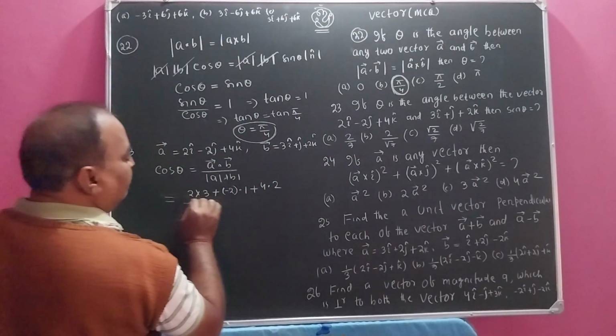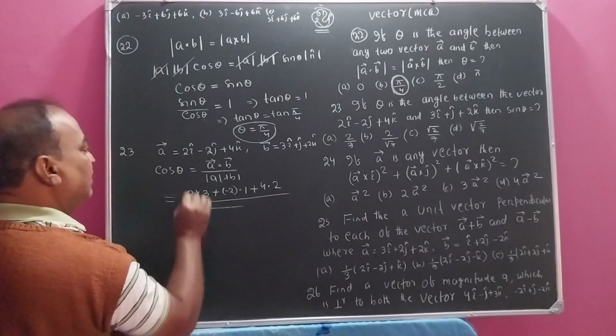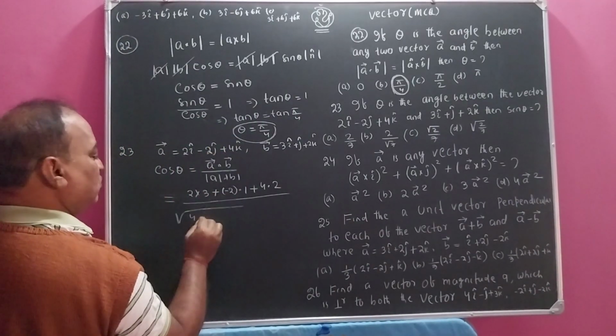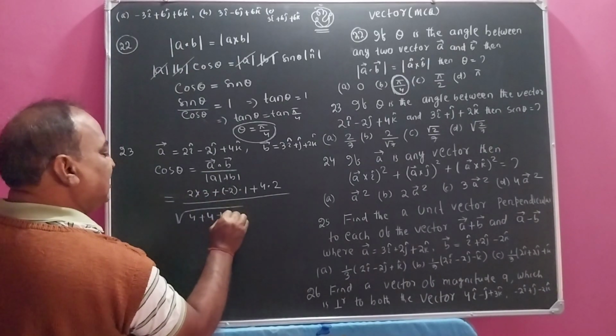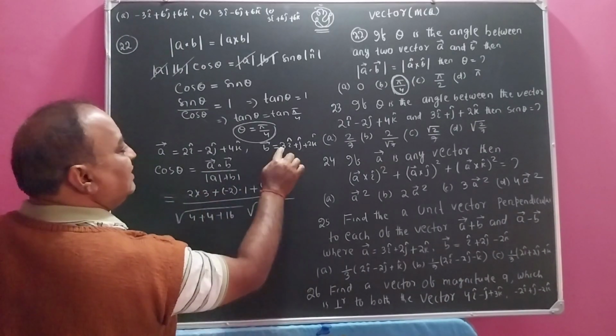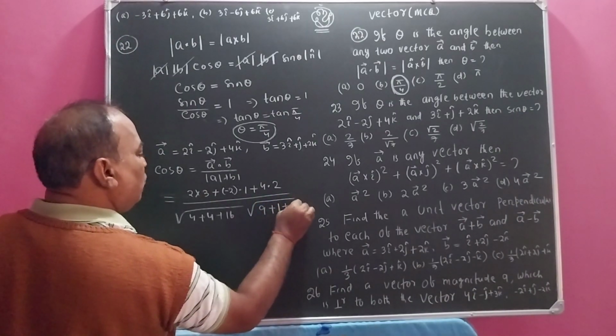Then magnitude of A: root over of this square plus this square plus this square, 4 plus 4 plus 16. For B, 9 plus 1 plus 4.